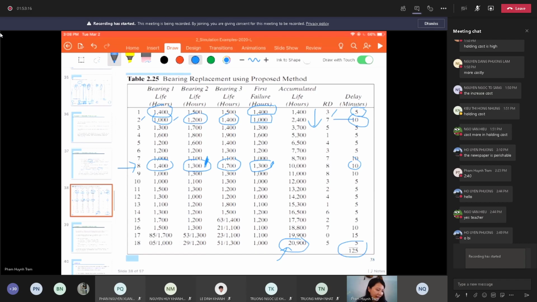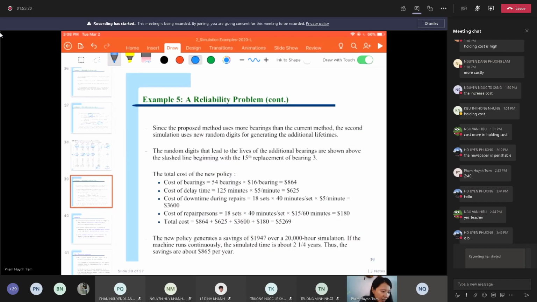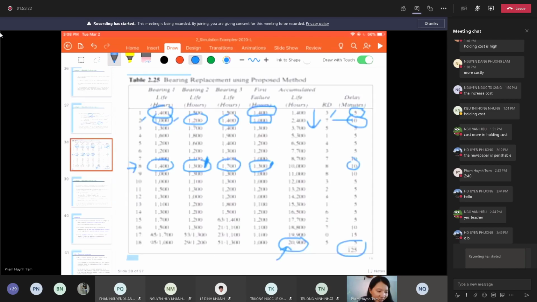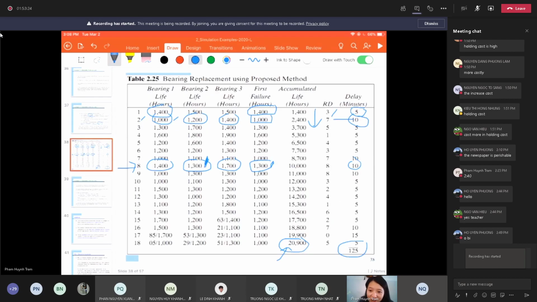Okay, so again, we will look at the cost for the new policy. Of course, for the second policy, we will have to replace more bearings compared to the first one, right? Can you calculate how many bearings we have to replace for the second policy? Every time, we have to replace all 3.